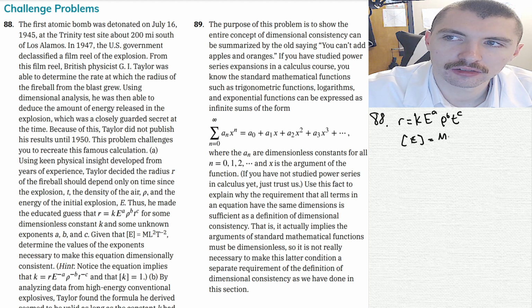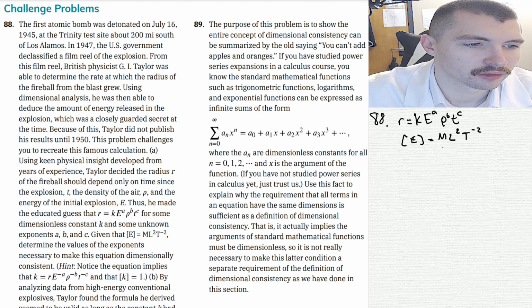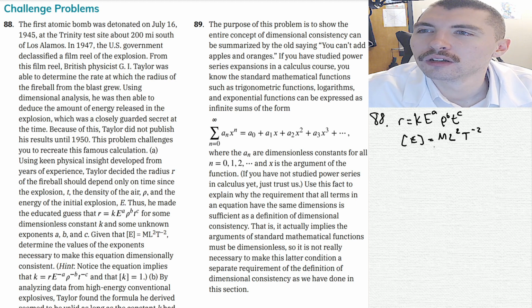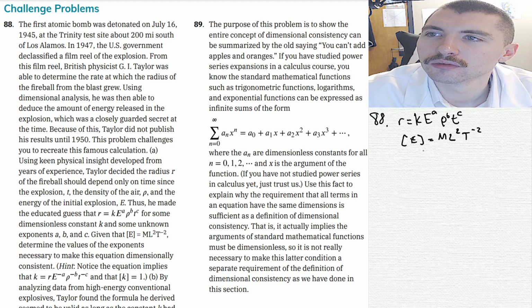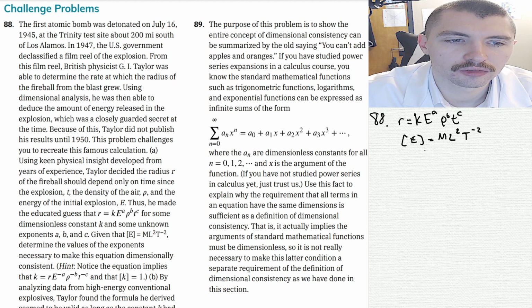E is meters, length squared times mass, time squared. Okay, so rho, density, is mass.